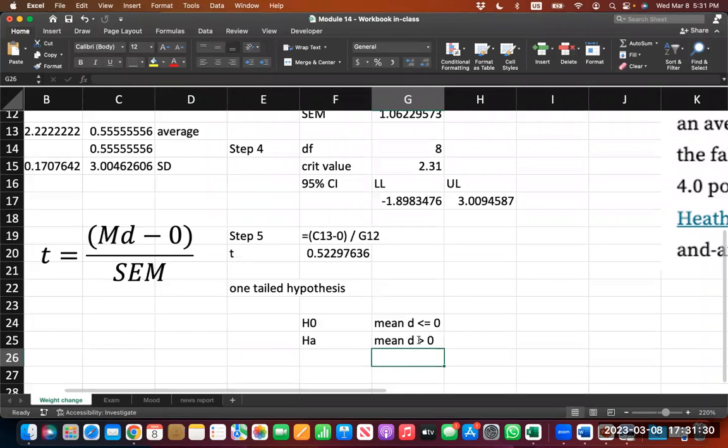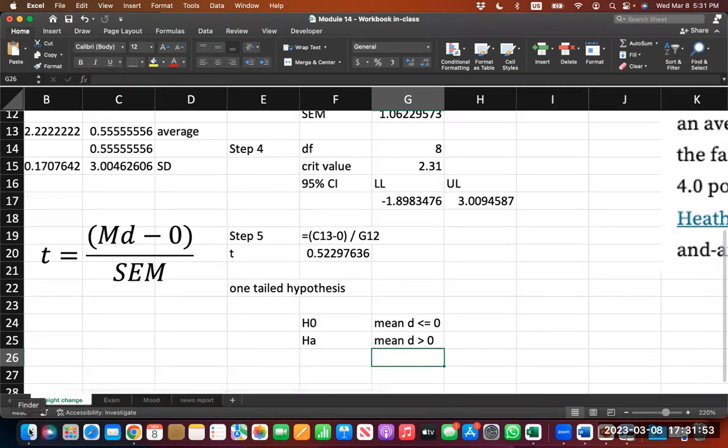Then you're essentially looking at, under the null hypothesis, everything below your mean difference, and under the research hypothesis, everything above the null hypothesis, above the calculated t.